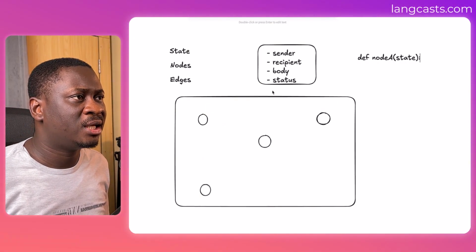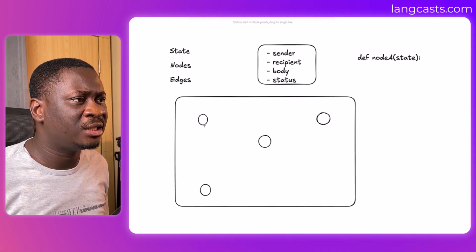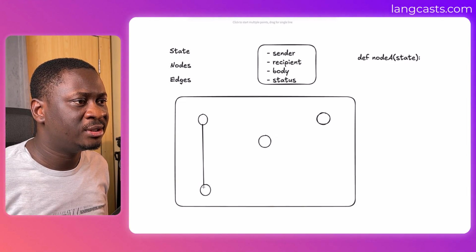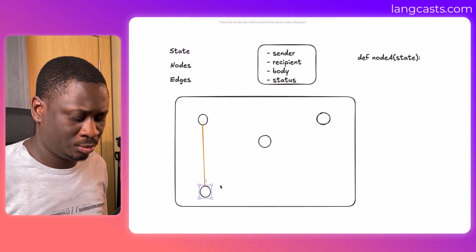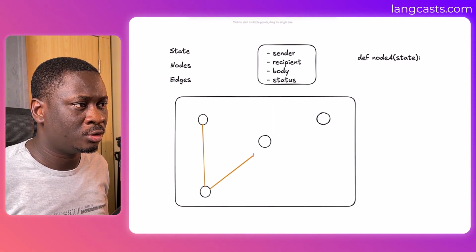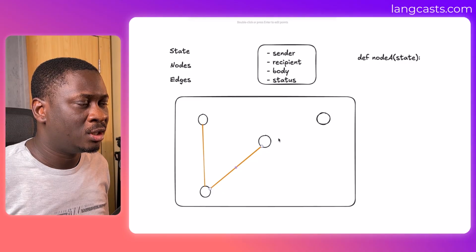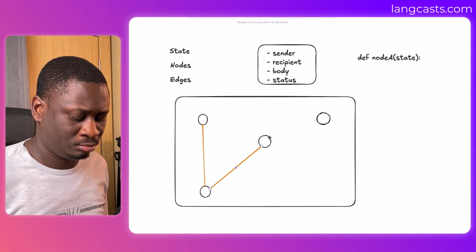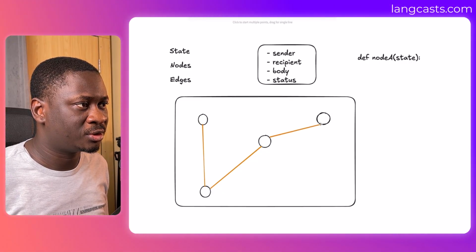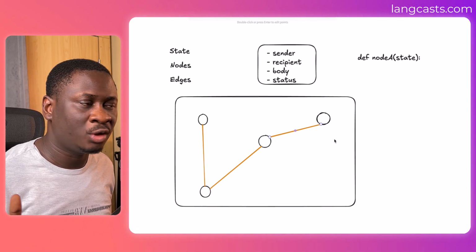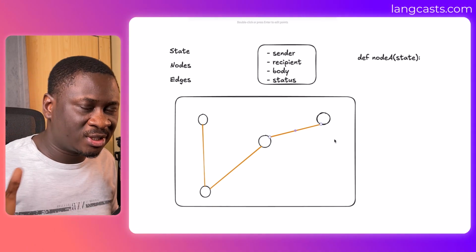They say, after you're done with this node, then go to this node. Then once you're done with this node, go to this node. And once this node is done operating, then go to this node. Those are your edges.